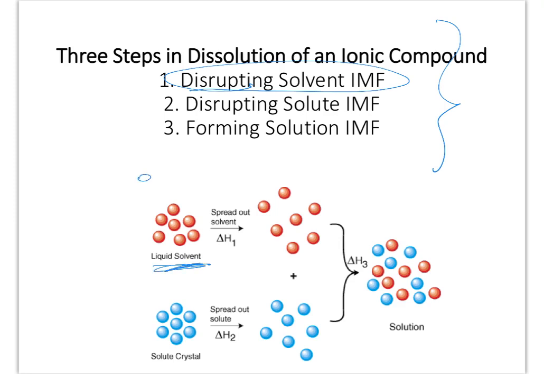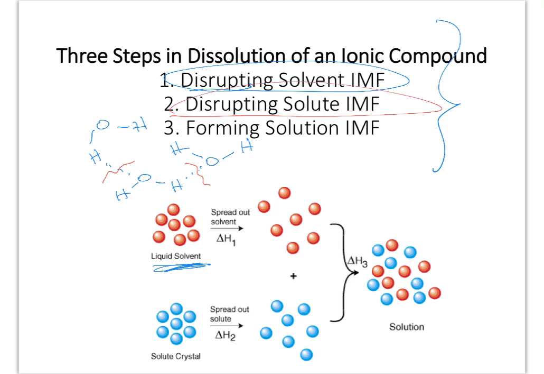If the solvent were water and you had a bunch of water molecules, they would be attracted to each other. They would have pretty strong intermolecular forces. So the first step, if something's going to dissolve in water, is that these intermolecular forces have to be disrupted, loosened. And that's going to cost energy.